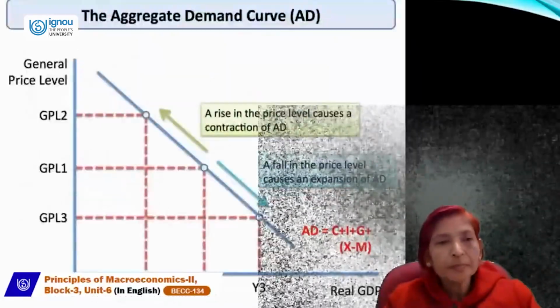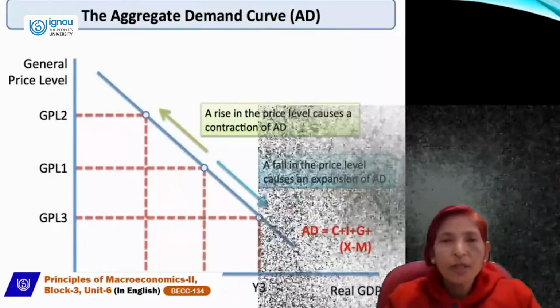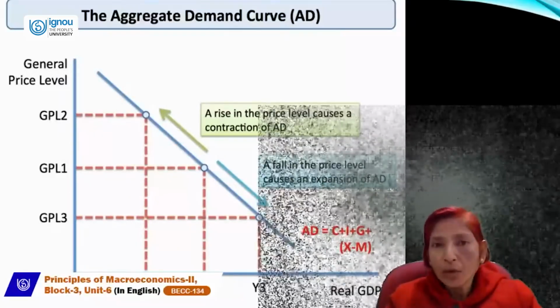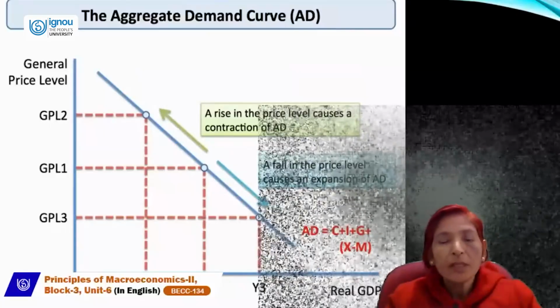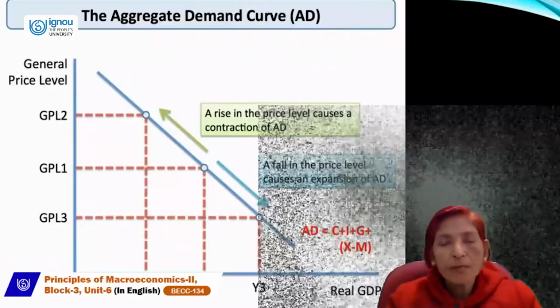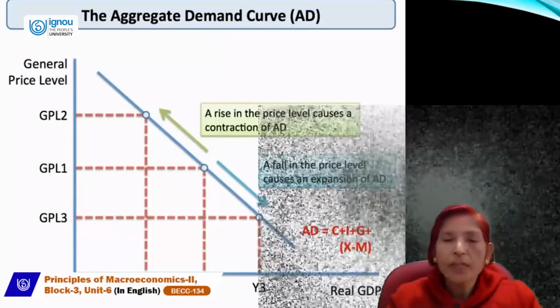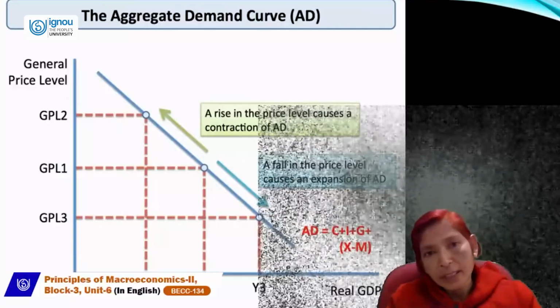Next is the aggregate demand curve. If we are showing these arrows on the AD curve, in this case the AD curve can move upward or downward, but the curve will not shift to the right-hand side or left-hand side.